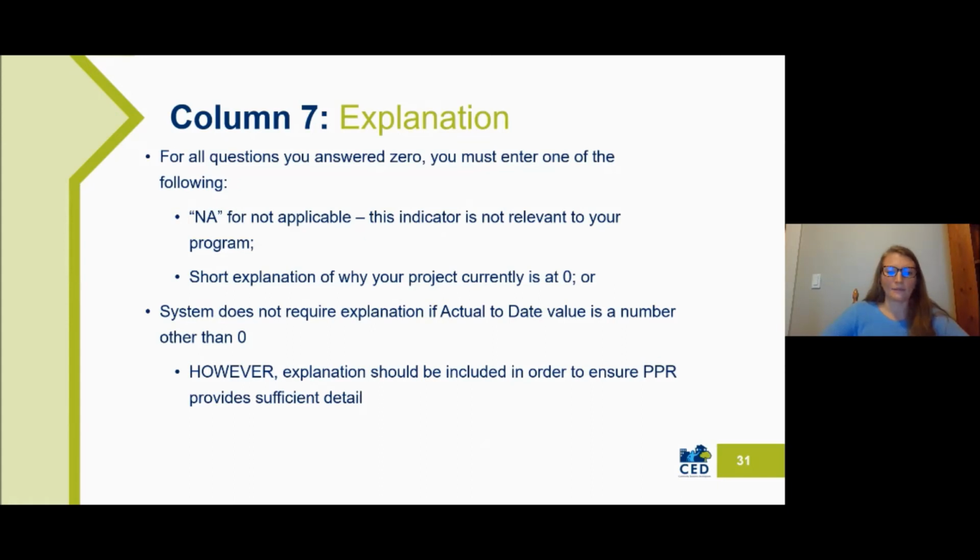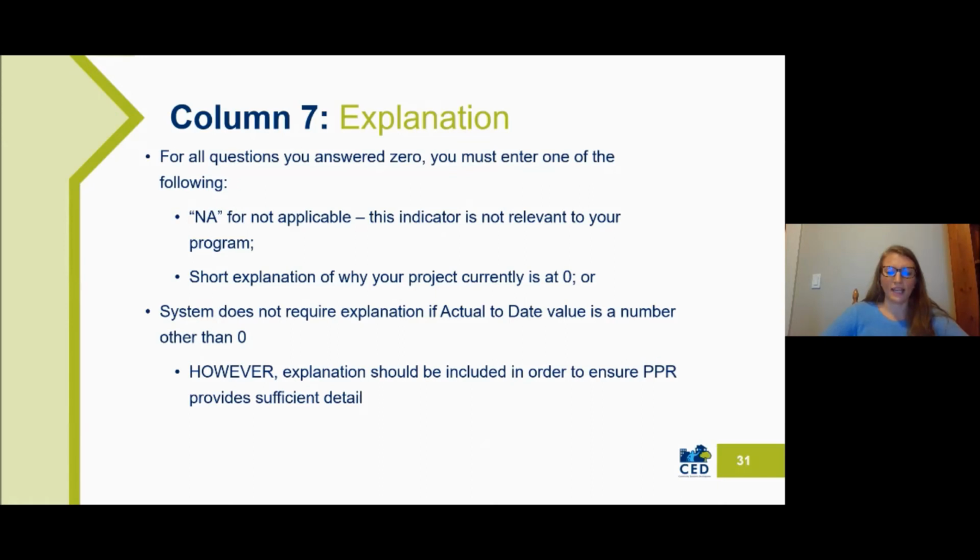But the explanation column in Form A helps give context to the indicators that you provide. So one of the data checks in OLDC is that the explanation column must be completed for any indicator that you enter 0 for. So just a short explanation of why your program currently has 0 for indicators.